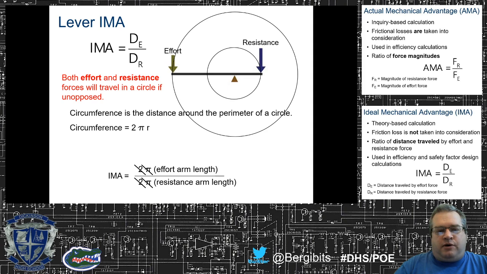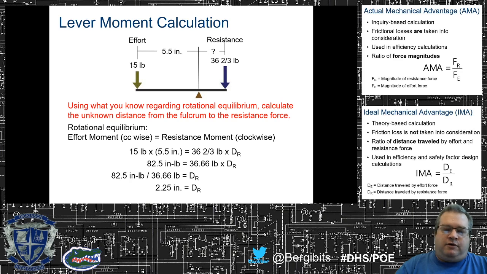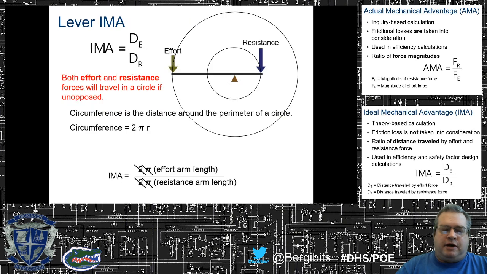So now we are going to look at mechanical advantage. All right, so we've calculated the moment. Now we're looking at mechanical advantage. So IMA, and yes, I have my definitions there up on the screen.